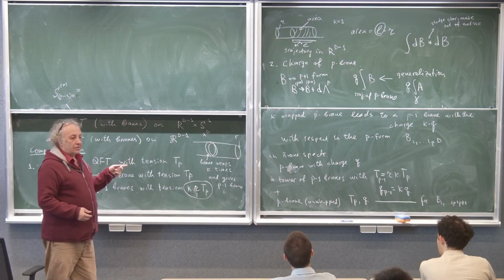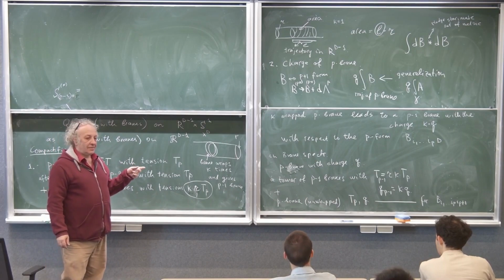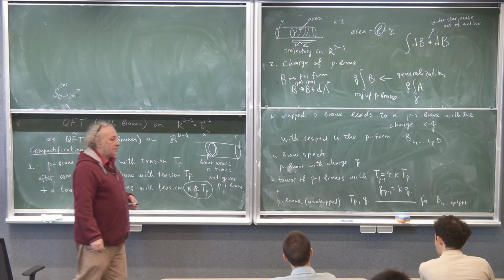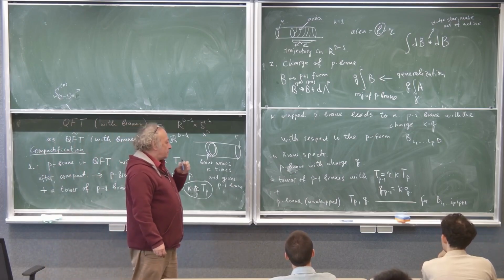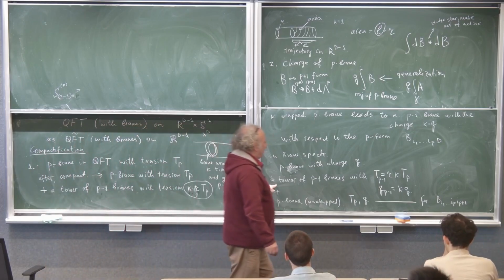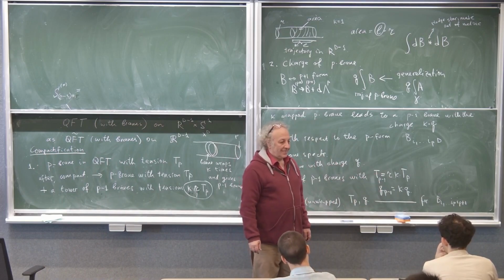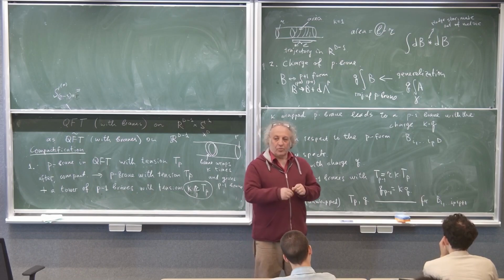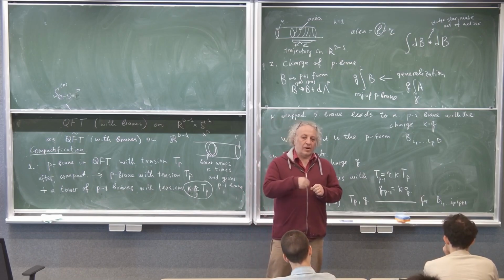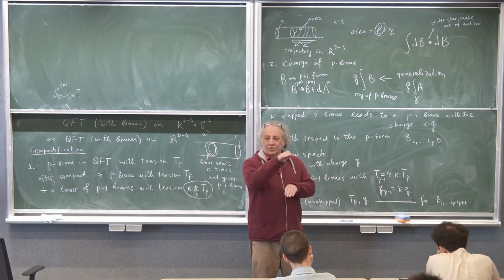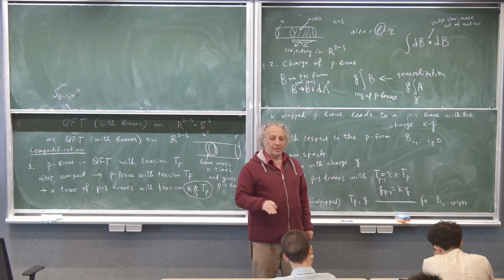Any questions? Why do you call it a tower? Because they depend on k. There is something wrapped once, wrapped twice, wrapped three times, etc. It looks like a tower, where you have levels.